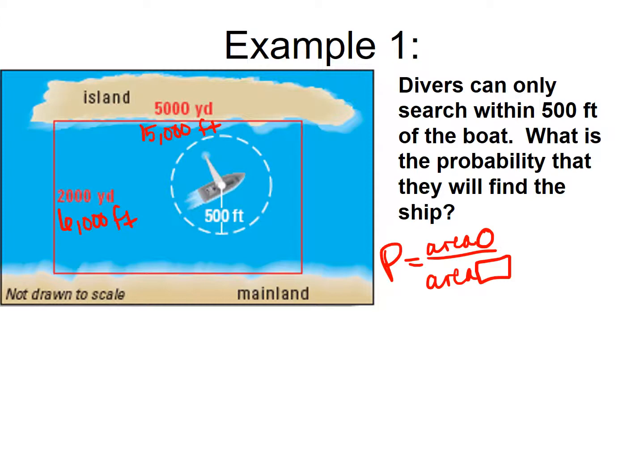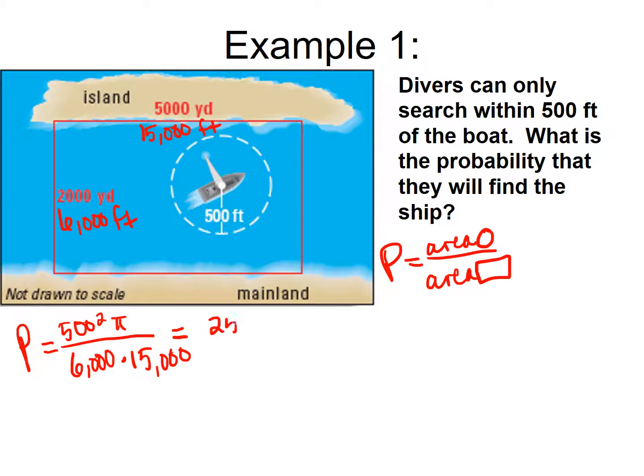So my probability then, the area of the circle is going to be 500, which is my radius, squared times pi, all over the area of the rectangle, which is 6,000 times 15,000. And 500 squared is 250,000.